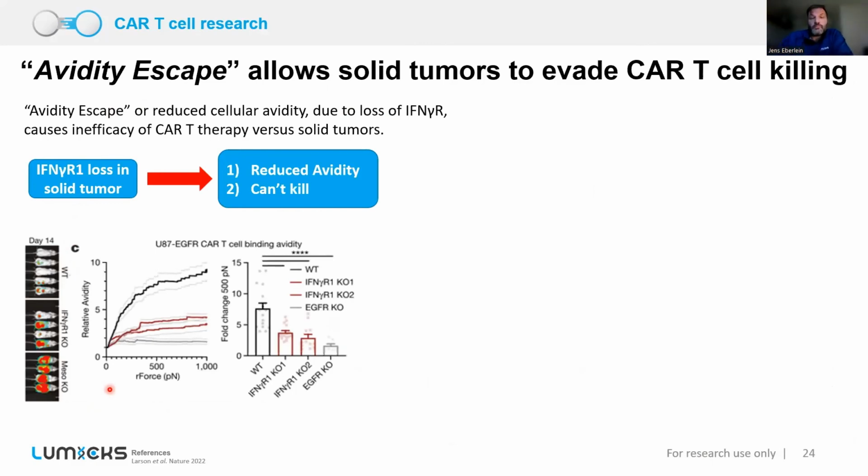If interferon gamma receptor 1 is knocked out in solid tumors, and they did this for several different tumor cell lines, the CAR-T cells can't kill. They went ahead and used our assay and looked at relative avidity, shown here, and could show that compared to a wild-type tumor here in black, the interferon gamma receptor 1 knockouts had reduced cellular avidity.